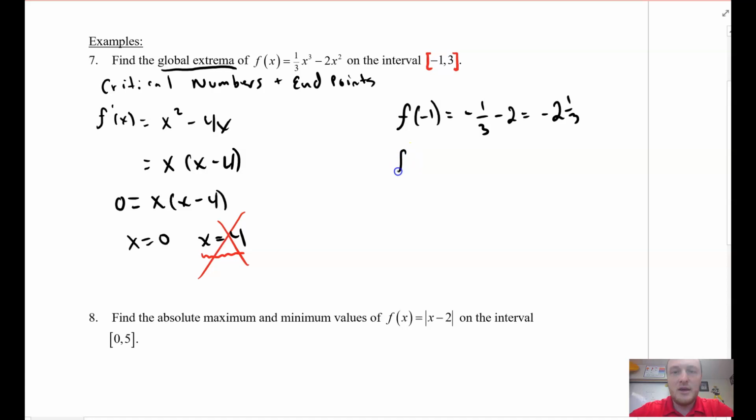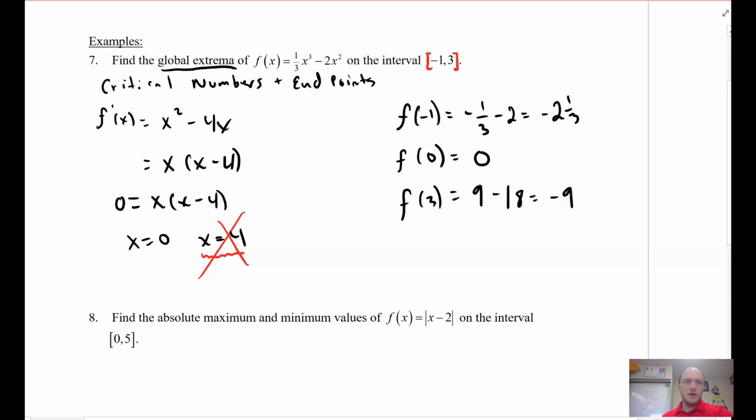Okay, then I'll plug in my critical number, f of 0, and we get 0. Then we'll plug in f of 3. Okay, and this will give us 3 cubed is 27, divided by 3 is 9, minus 3 squared times 2, that would be 18, to give us -9.